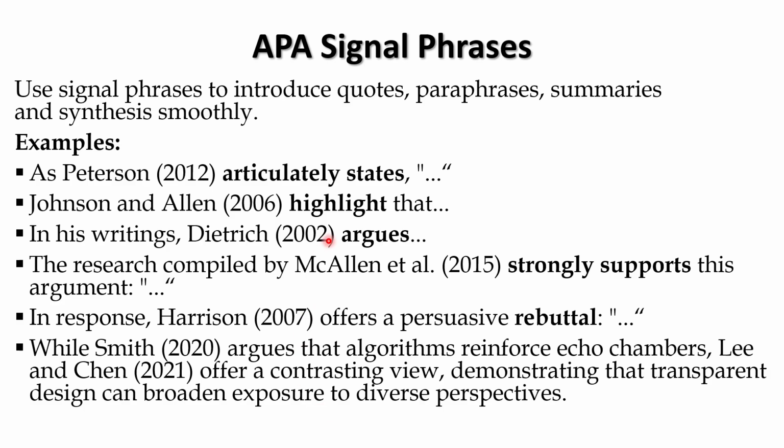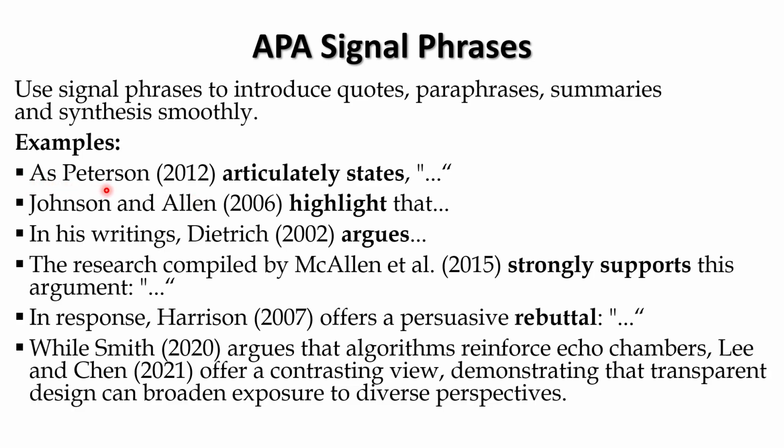Simply, it is a way to introduce someone else's idea without just dropping a quote or a fact into your paper like a brick. It signals to your reader, hey, I'm about to bring in a source, and here is how it connects to my argument. Let's look at these examples. Each one shows a different way to use a signal phrase.